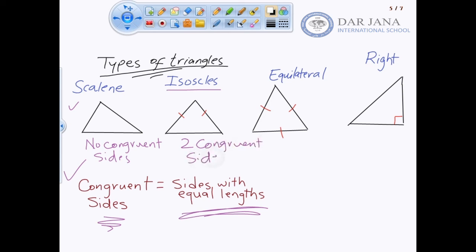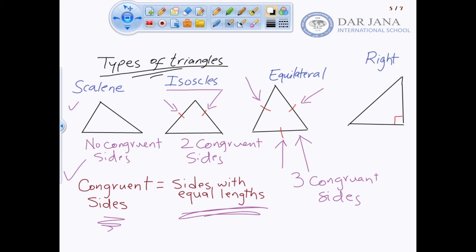And for that reason, you have this sign over here, and this sign. That tells you these two sides are of equal length. In an equilateral triangle, we have three congruent sides. What does that tell you? That means this one, this one, and this one, all three are equal.